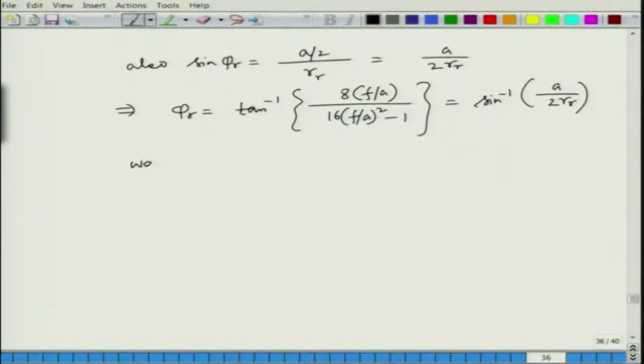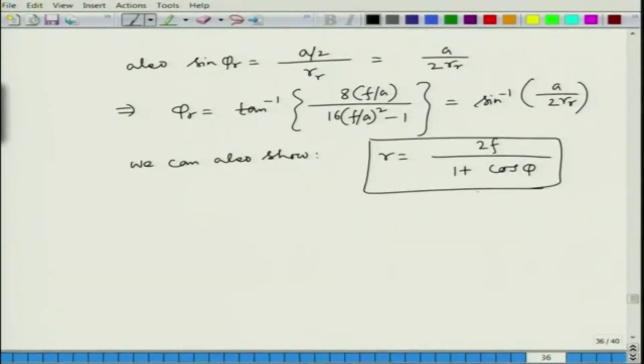And we can also show that this radius at any place you can write in terms of 2f divided by 1 plus cos of phi. So, this is the relationship between the radius of the parabola and the angle corresponding to that particular radius.